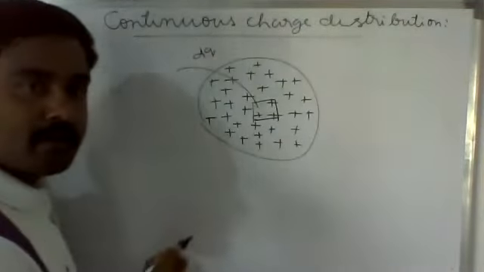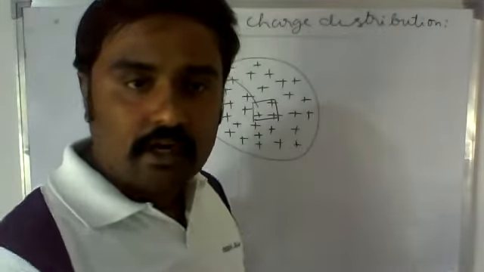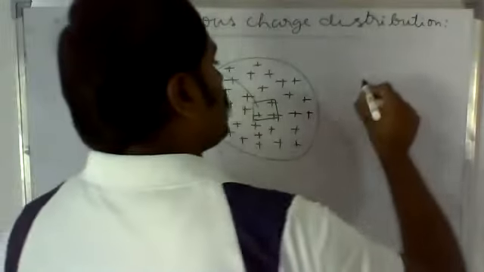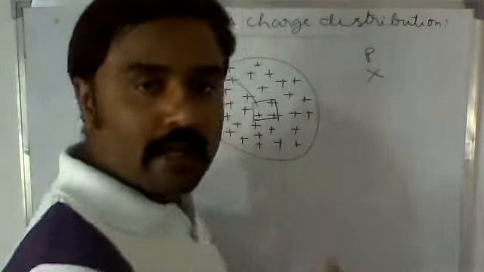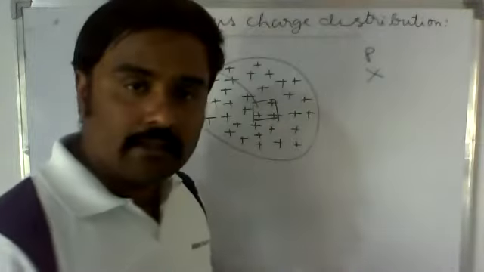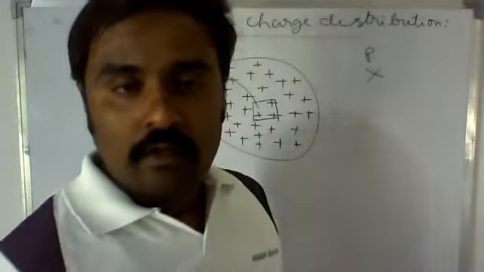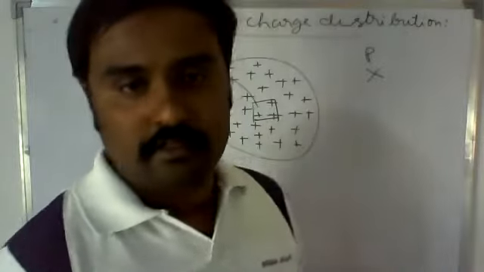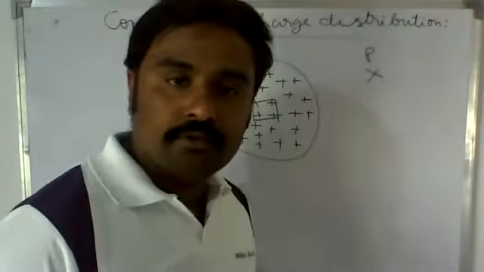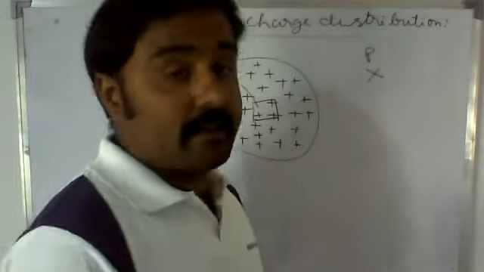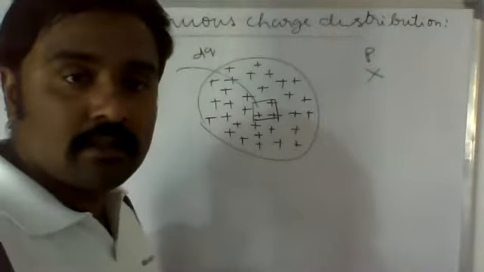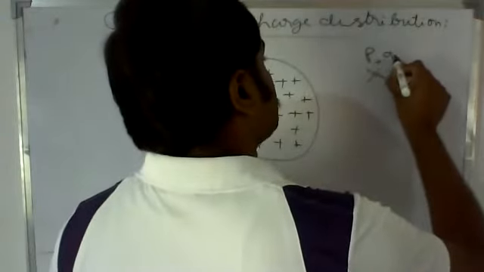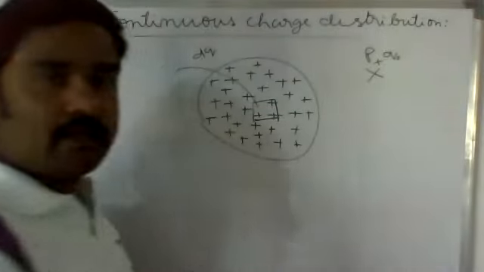Now let us consider an observation point P. At that point we have to calculate the net force, the resultant force acting on a unit positive test charge, and also the net electric intensity at point P, near the continuous charge distribution. So here a unit positive test charge plus Q naught is placed.